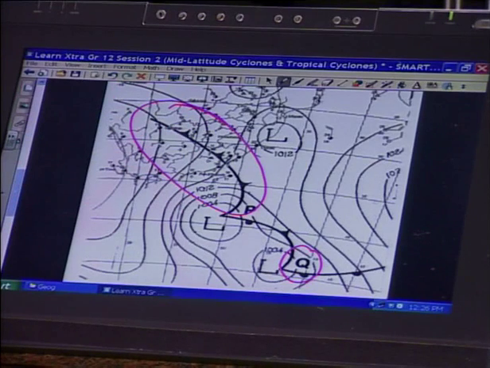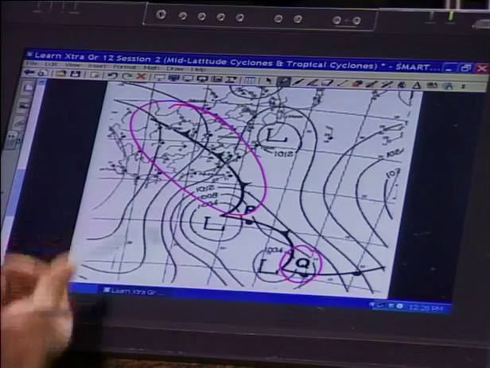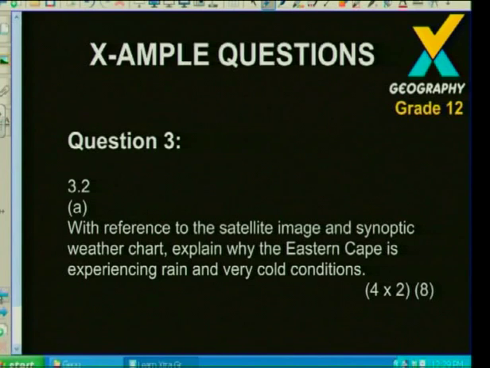Can you see it there? Obviously bringing colder conditions and condensation and rainfall. Okay? Okay, let's look at question 3. It says, with reference to the satellite image and synoptic weather chart, explain why the Eastern Cape is experiencing rain and very cold conditions.